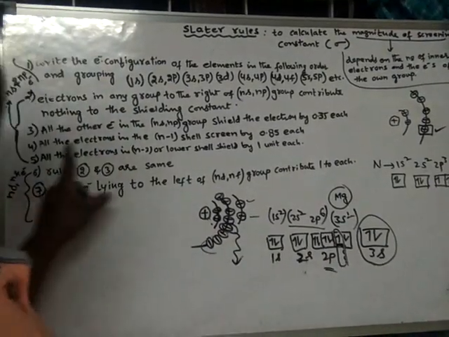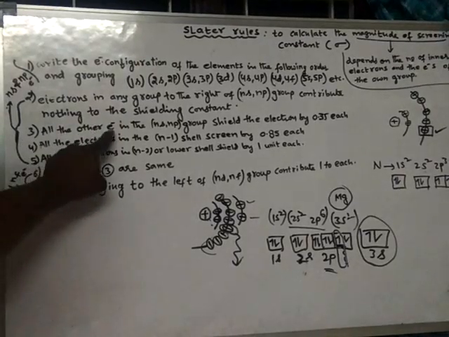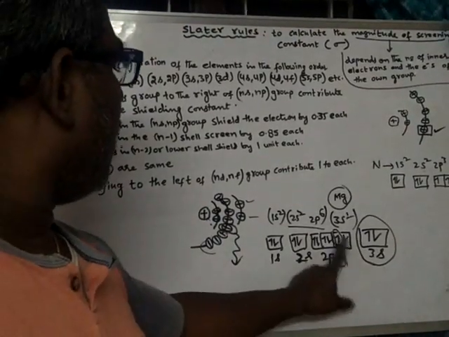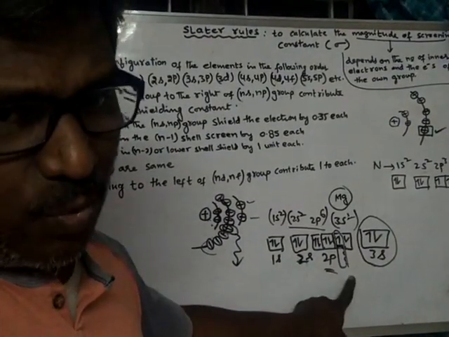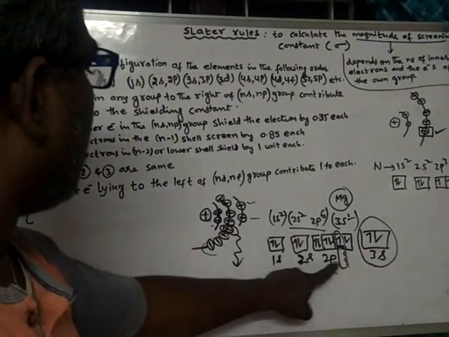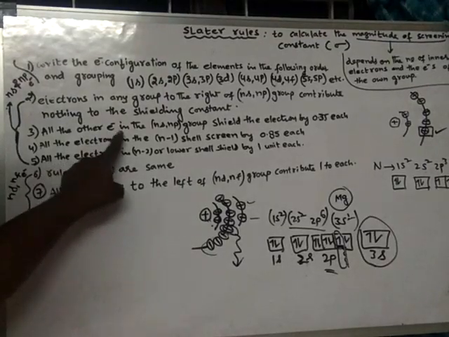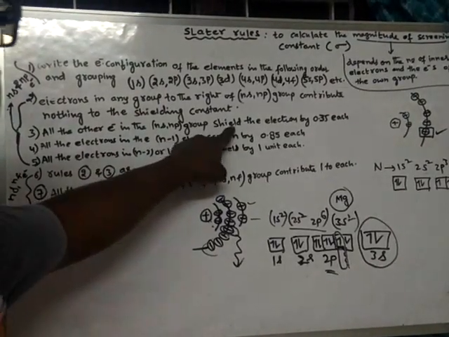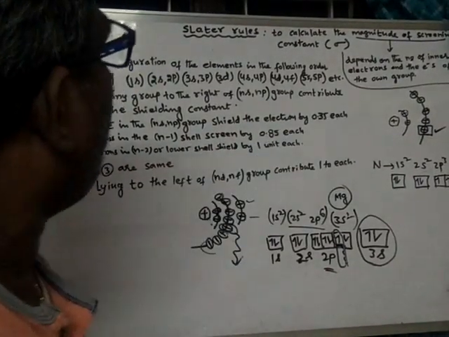So the third rule is saying that all the other electrons, meaning the electrons which belong to the same group, all the other electrons in the ns-np group, shield the electron by 0.35 each.